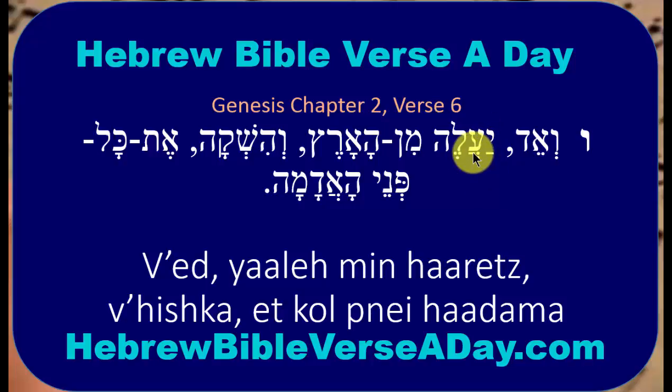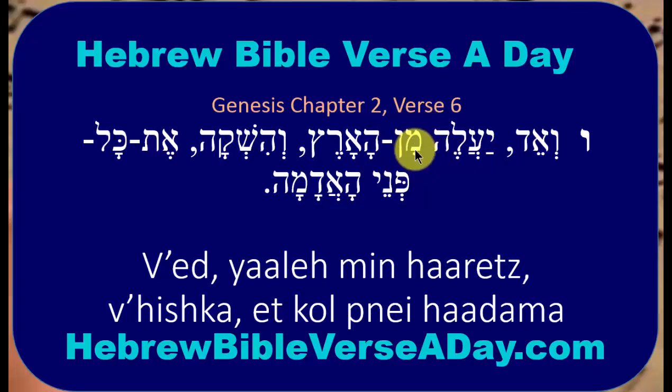And it's got a line underneath, so we've got ya, a, and then the biggest letter of the alphabet, the lamed, with three dots underneath. So it's a le sound. And the hey here is silent. A hey at the end of the word, when it doesn't have any vowels, is just silent. So we've got ya, a, le.